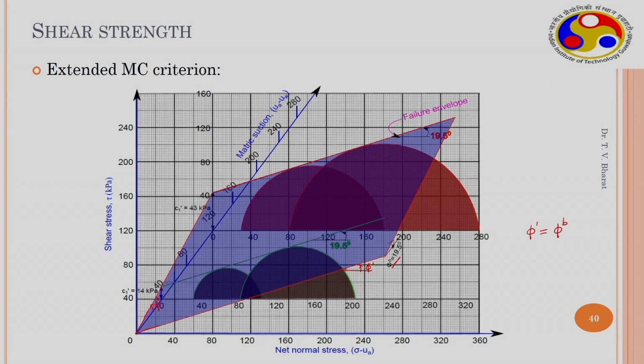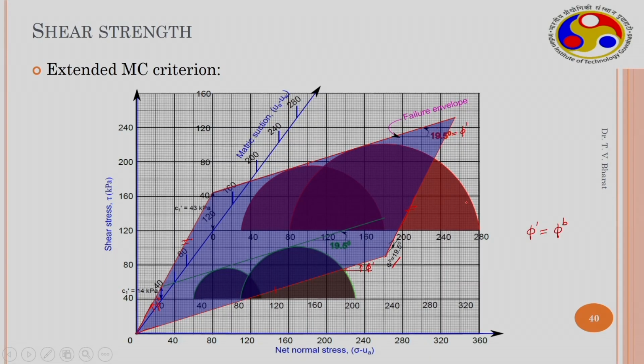These two lines are parallel, and these two are parallel, and this is phi dash, and again this is phi dash. So, this represents a failure envelope which is a surface. This particular surface can be drawn due to the model given by Fredlund et al.